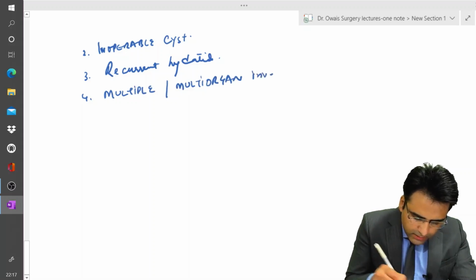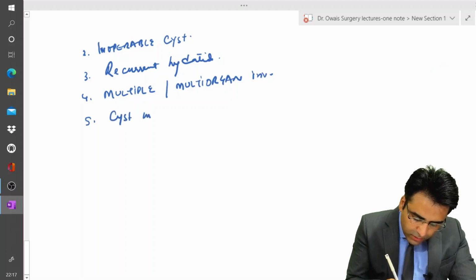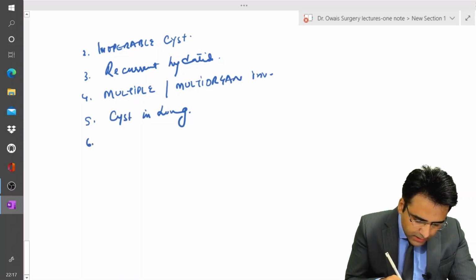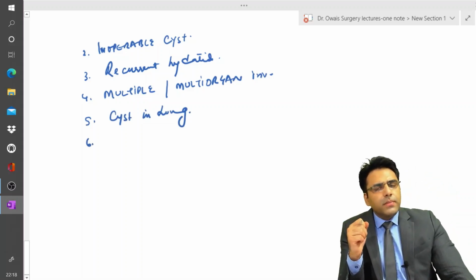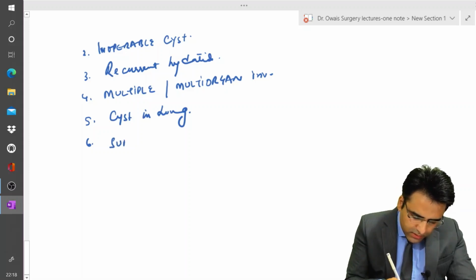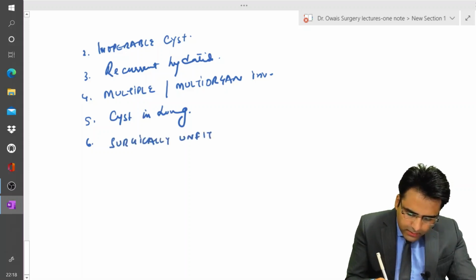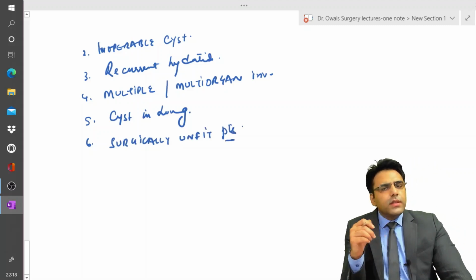Now if there are cysts in the lung, we have to go for medical treatment. And in cases of surgically unfit patients, if the patient is not fit for surgery, then you have to go for medical treatment in those cases. Clear? So these were the indications of medical treatment in a case of hydatid cyst.